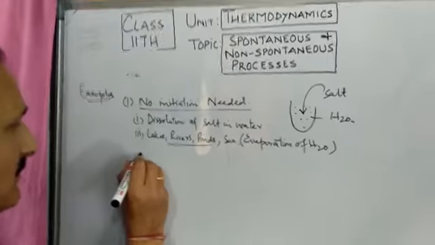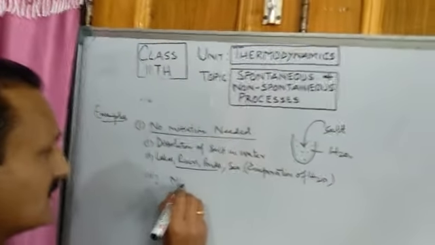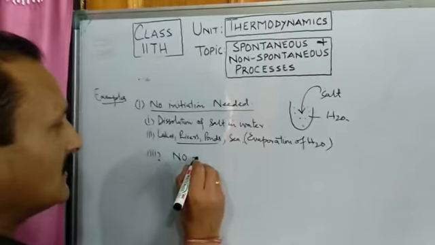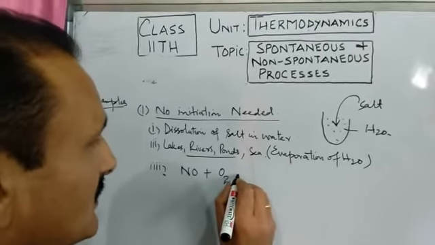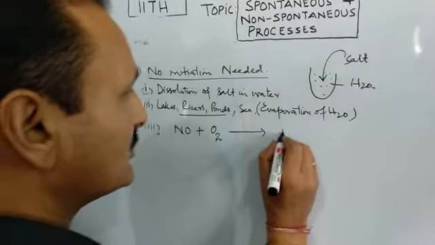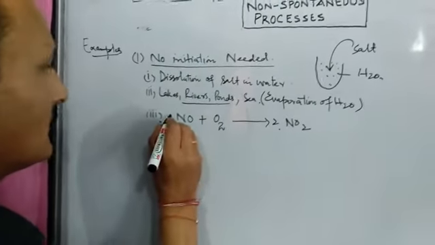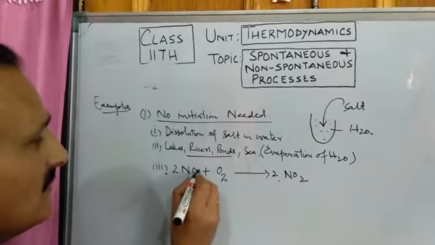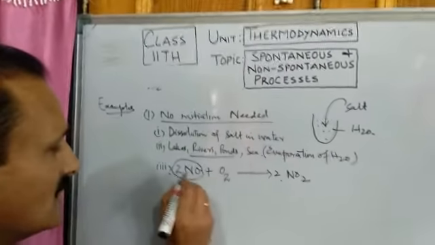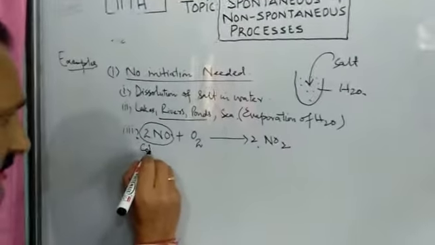Similarly, let me take one more example. This is nitric oxide. When it reacts with oxygen, it forms nitrogen dioxide. Now, in this reaction, nitric oxide is basically colorless, it has no color.